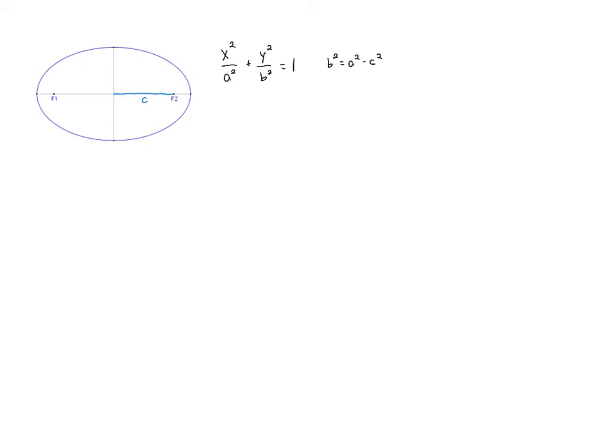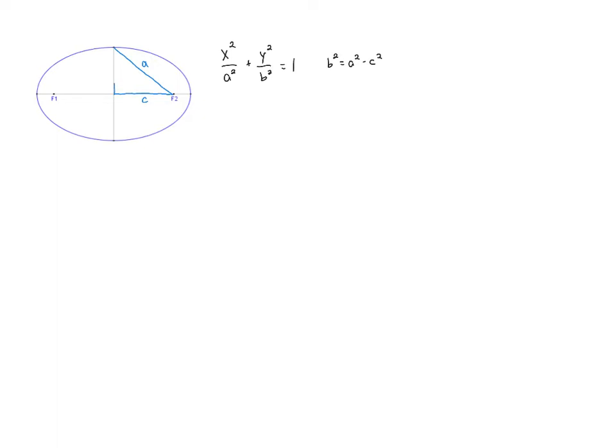So we know that the distance from the first focus to that point and then down to the second is 2a. And what that means is that the distance from that point to one of the foci is just a. And then lastly, we know that b squared equals a squared minus c squared.